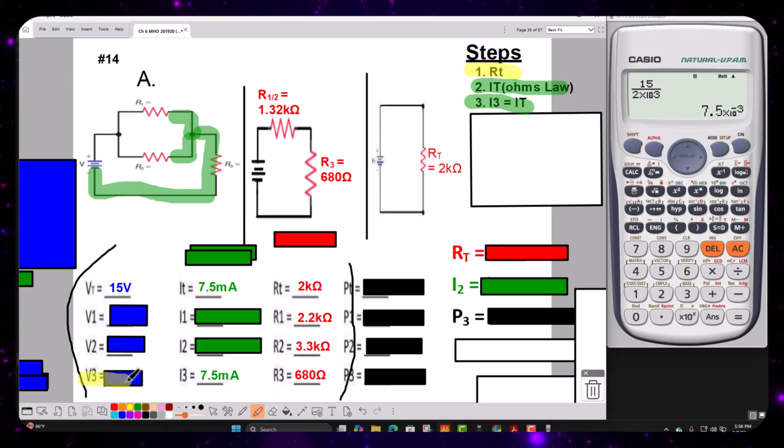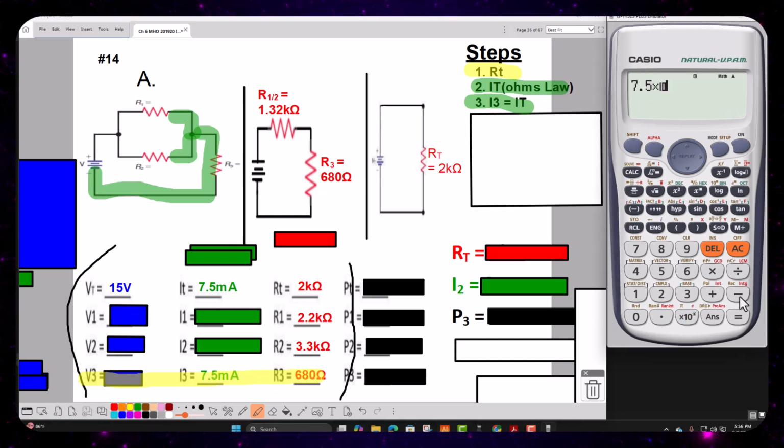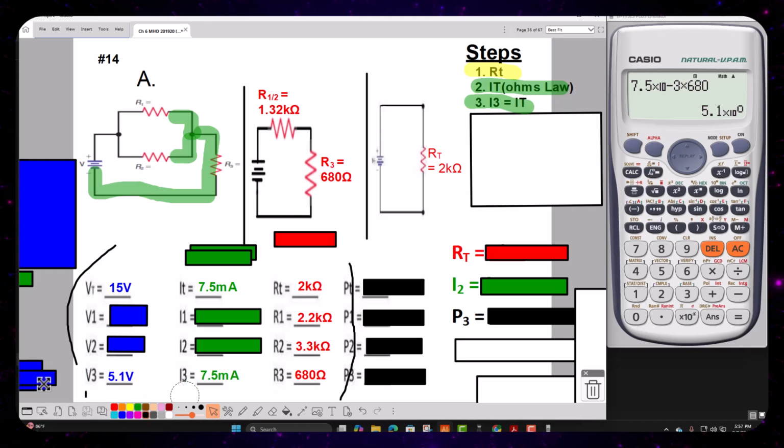Now I've got 2 out of 3 to solve for V3. So I take the 7.5 milliamps times 680 ohms equals, hit engineering, and that tells me that 5.1 volts are going to be dropped at V3.